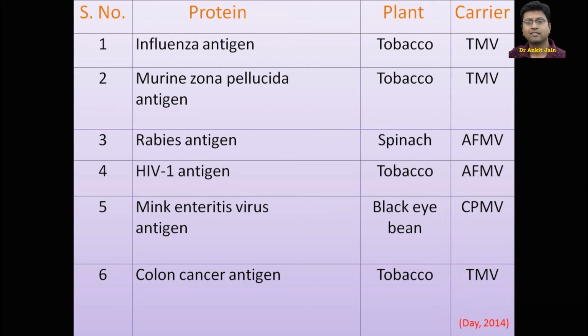In the veterinary field, different proteins are also introduced into different plant carriers, such as tobacco mosaic virus and spinach-based alfalfa mosaic virus. So these are the different carriers that are used for introduction of that particular protein.